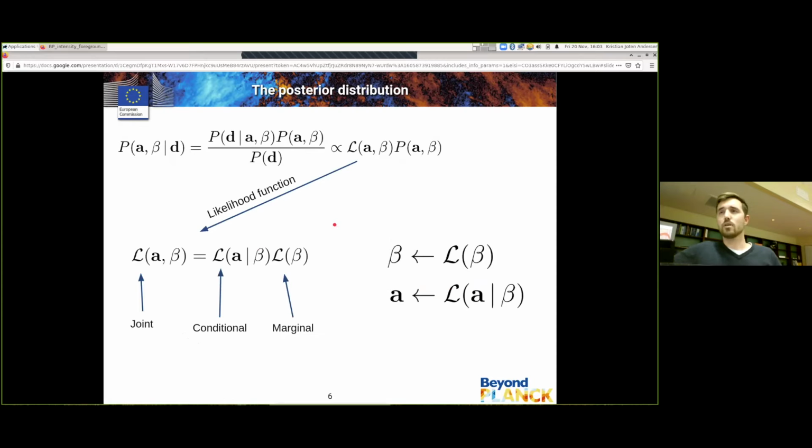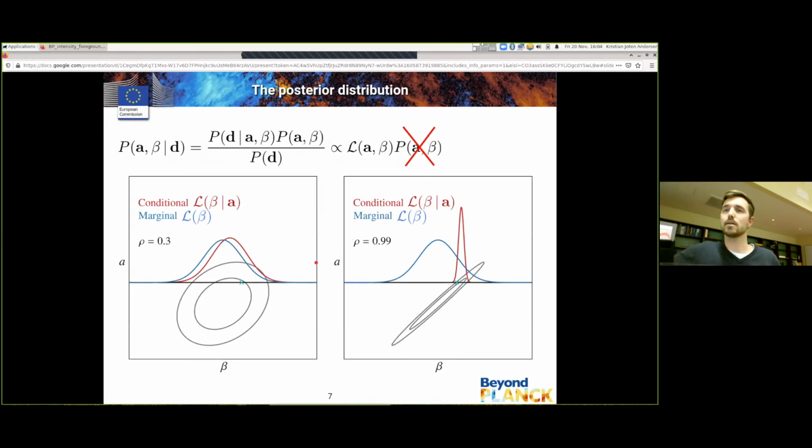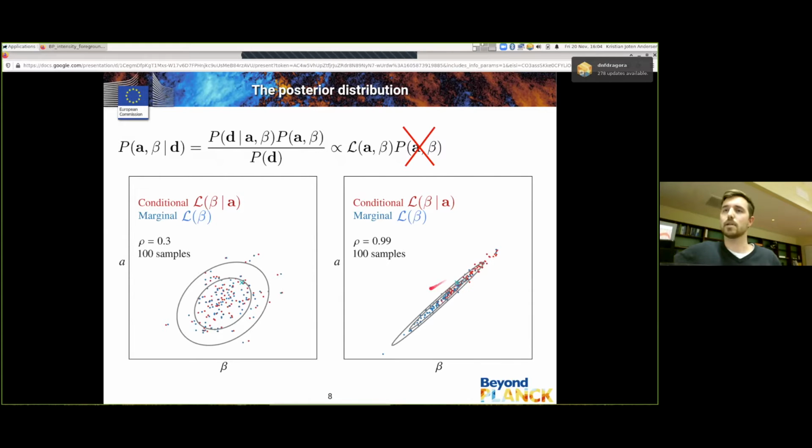Now, mathematically, we can also write this joint distribution as a product of the conditional distribution of the amplitude with respect to the spectral parameter times the marginal likelihood of the spectral parameter. And if we are able to find a way to draw from this marginal likelihood of beta, described here in blue, we would be able to sample this entire joint distribution a lot faster than with standard Gibbs sampling of these two regions.